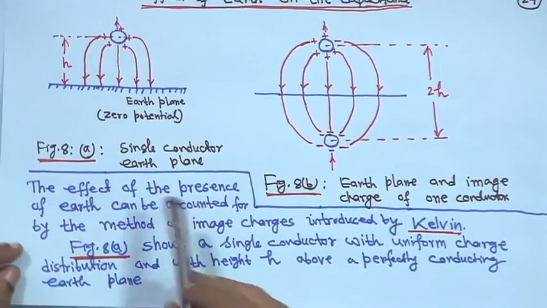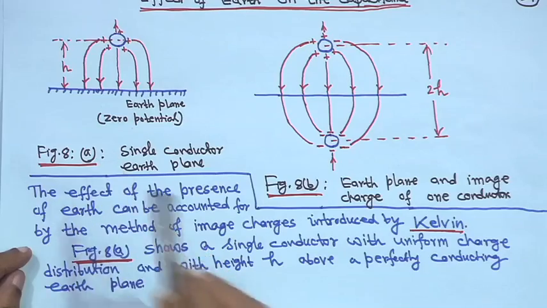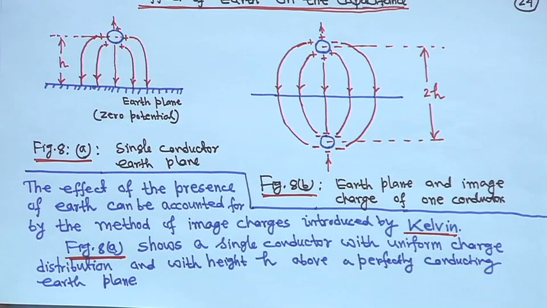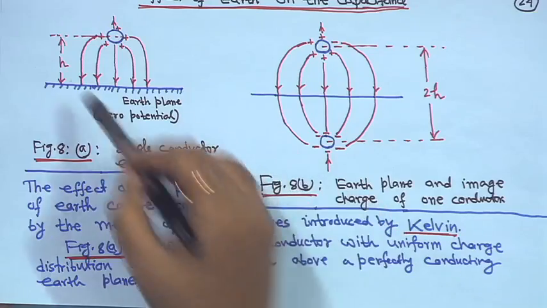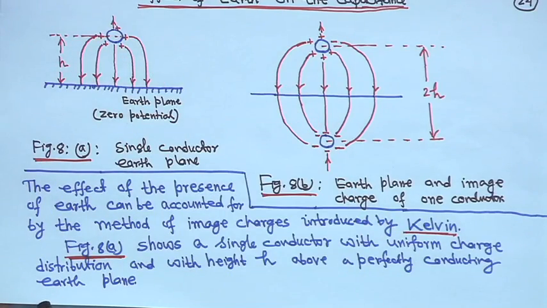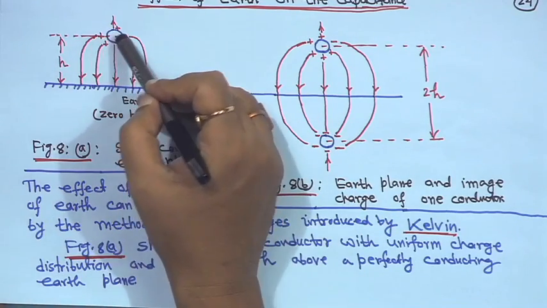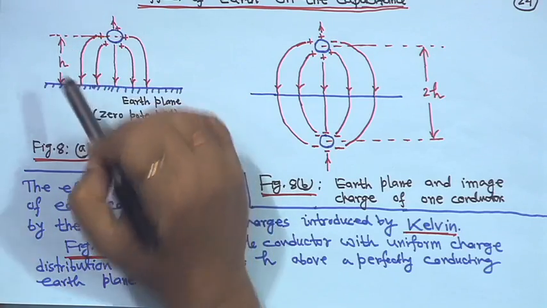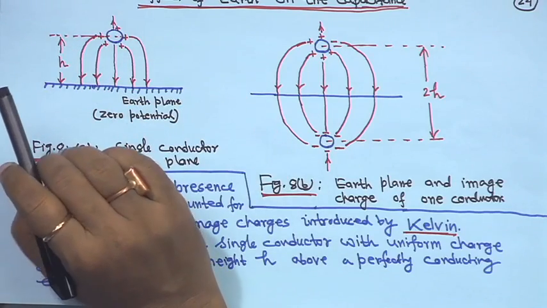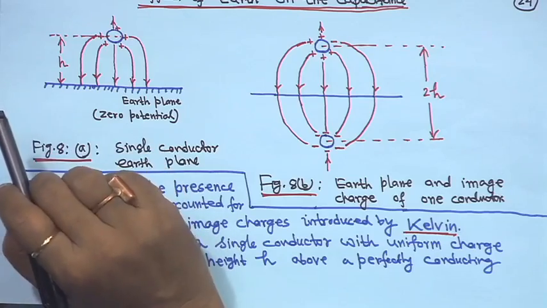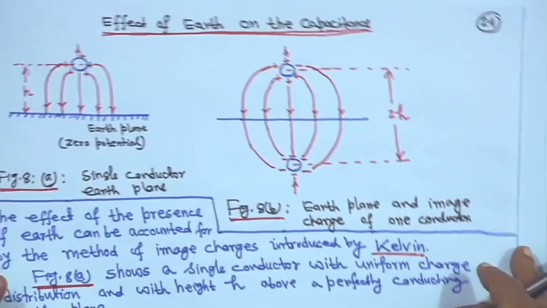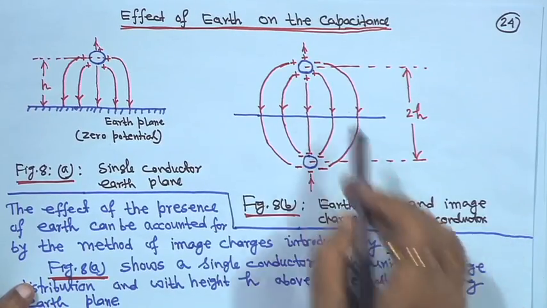So, figure 8a shows a single conductor with uniform charge distribution at height h above a perfectly conducting earth plane. That means this conductor is above the ground at height h, and we have to include the effect of the earth, right. Now, what one can do is make an image conductor.